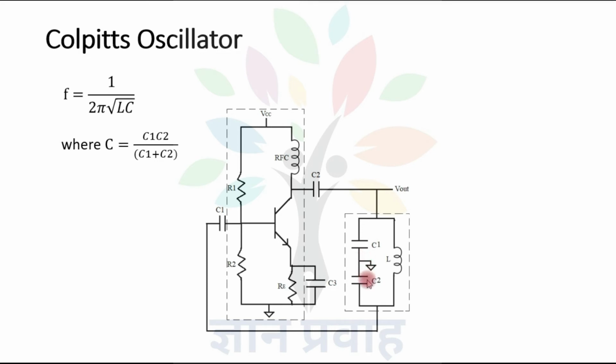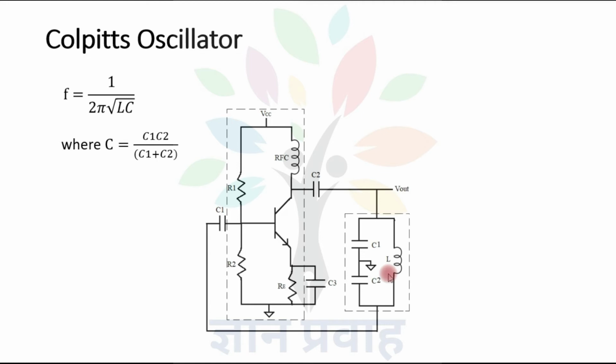When C1 and C2 are charged completely, they start to discharge through inductor L. So when L is charged completely, it stores the energy in the form of magnetic field. Then again the inductor will discharge to C1 and C2, and this charging and discharging process continues in this tank circuit, and this provides the oscillation.